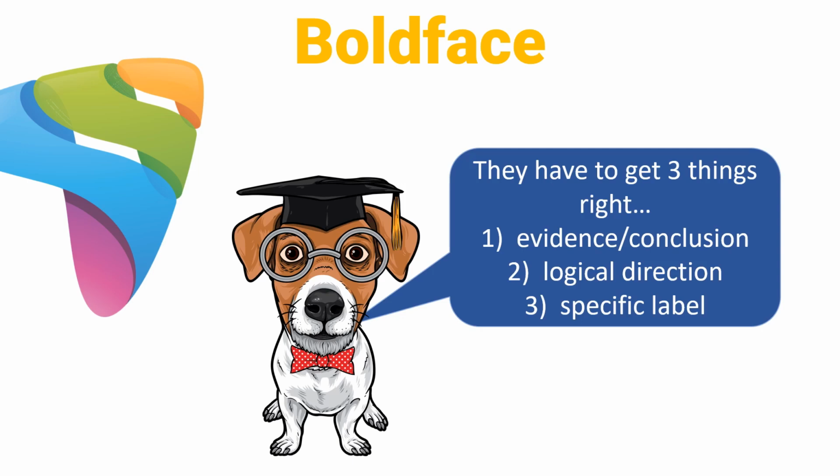The trick is to go through every answer choice first, checking to see if they get the evidence and conclusion labels right, then go through the remaining answer choices and check for logical direction. And again, if they're mean, you may have to go through the remaining answer choices one more time to see what you think about the specific label that they assigned to each sentence. Now, if you do this, what you're going to find is you're going to go very, very quickly and very, very confidently through these questions.